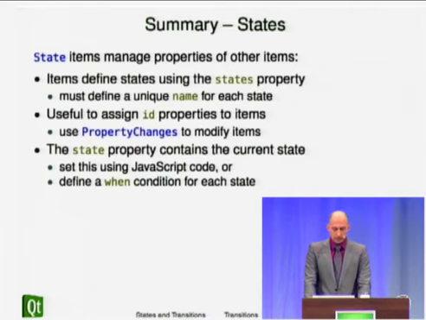And then you assign IDs to items so you can reference them in property changes, which, as Eduardo points out, sets up all of the machinery for binding to the properties that are involved and updating them as needed. The state property, singular, contains the current state of each item, and you can set that or switch it around in JavaScript, or you can use these when conditions to let the state machine figure out which state it needs to be in by itself.